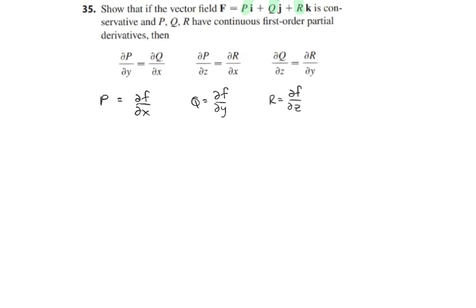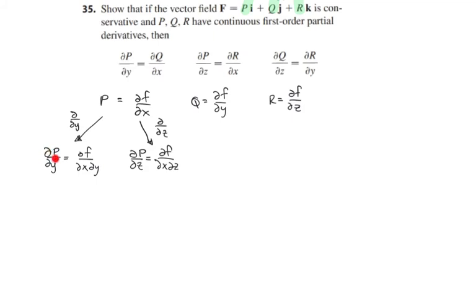Now, if I were to take this equation and take the partial with respect to y of both sides, I would get the partial of P with respect to y is the partial of f with respect to x and y. And I could also take the partial with respect to z. So I'd get the partial of P with respect to z equals the partial of f with respect to x and then z.